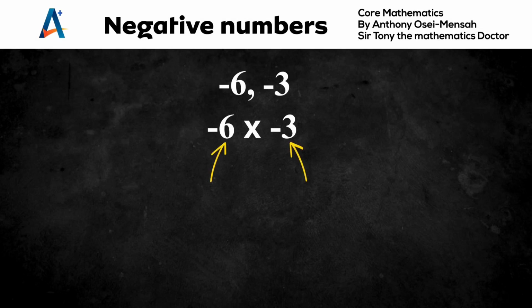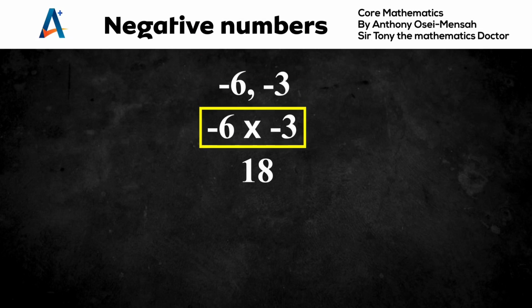When the two numbers are negative and they multiply, the number we get becomes positive. That is what I'm trying to say. So this implies that -6 multiplied by -3, of course, 6 times 3 is going to give us 18. So -6 times -3 is giving us positive 18. It will not be a negative answer.